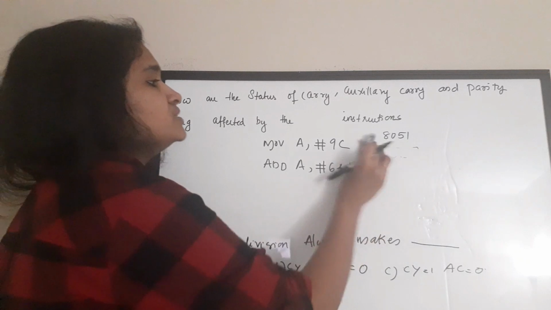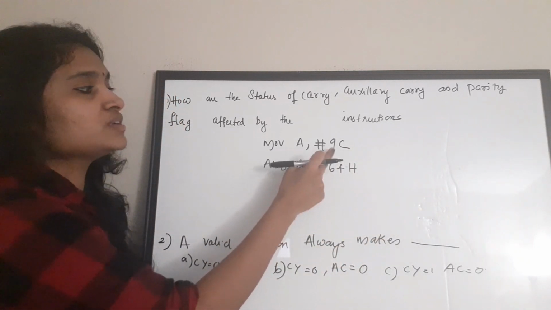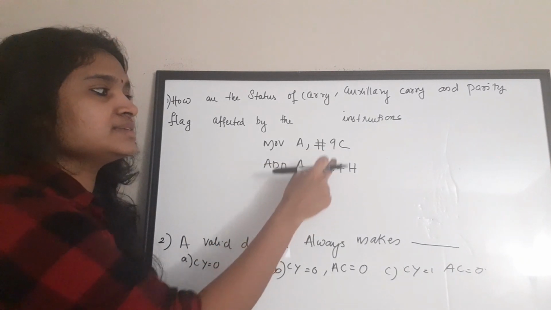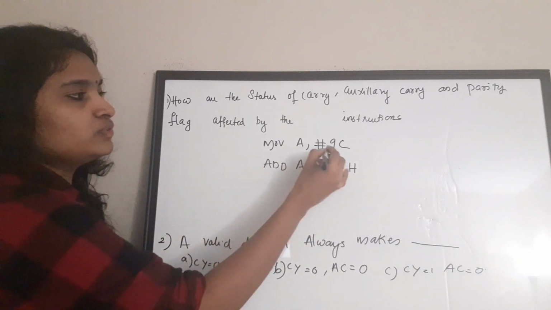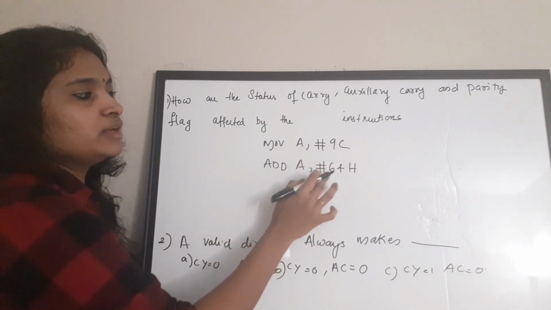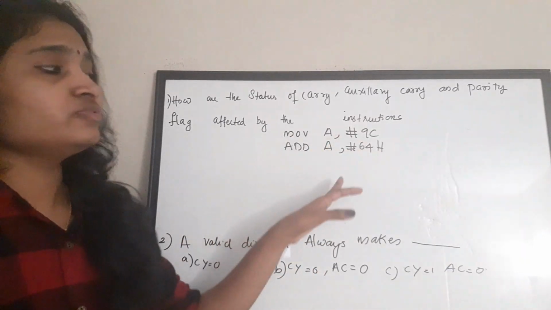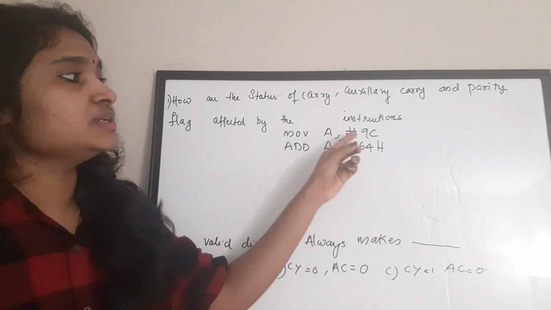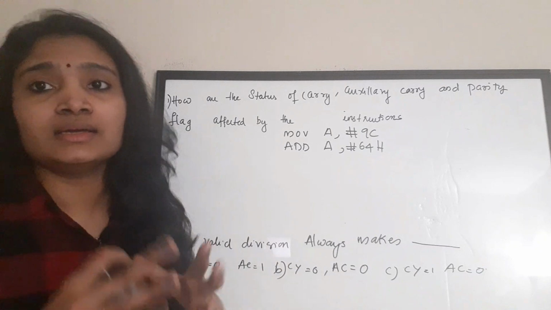This is nothing but the addition of 9C and 64, because first 9C is moved to A, then A is added with 64. I'll perform the addition here. You write the binary equivalent of these two numbers and then add the corresponding nibbles.